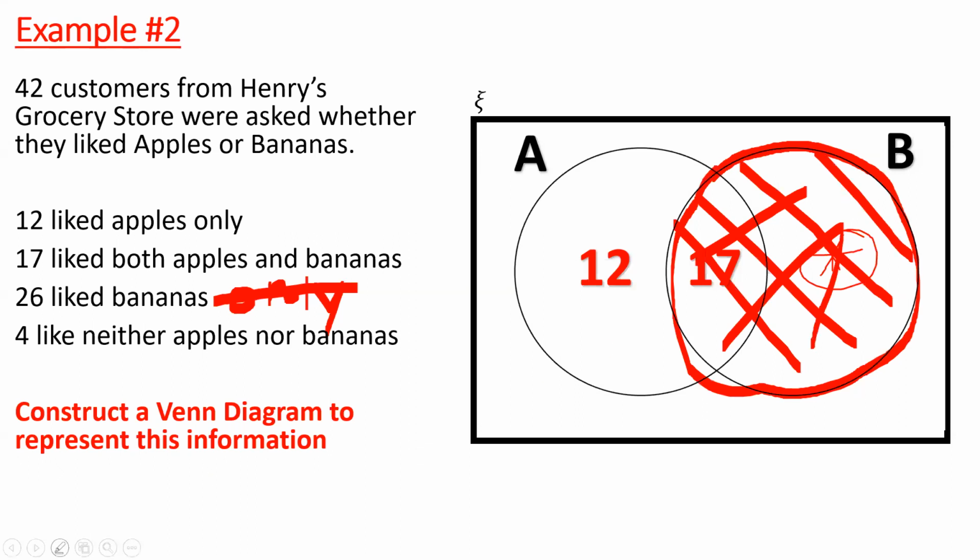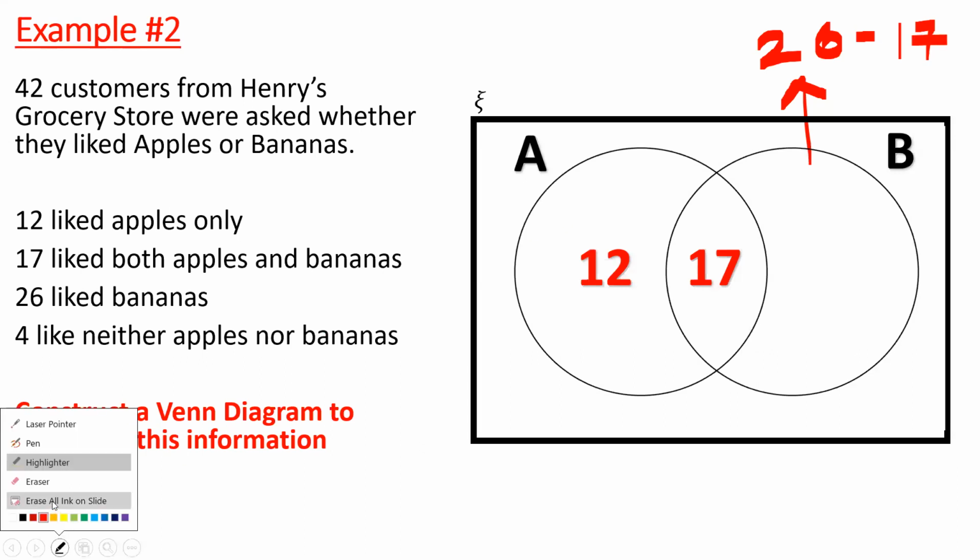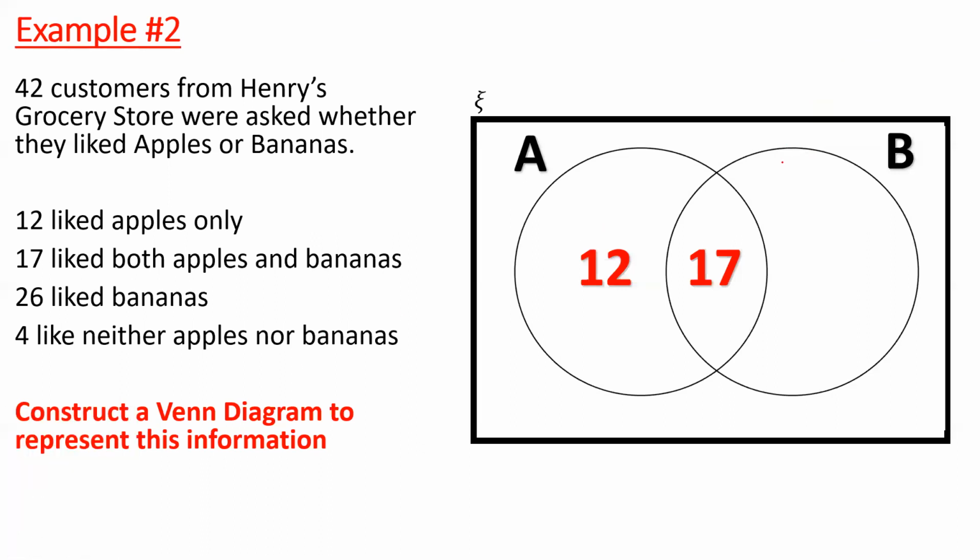I can explain it. Yes, Sammy. How can we get this one? You would do 26 take away 17. 26 minus 17. Very good. And what is 26 minus 17? That's going to be 9. Very good. How many persons put 9? Me.